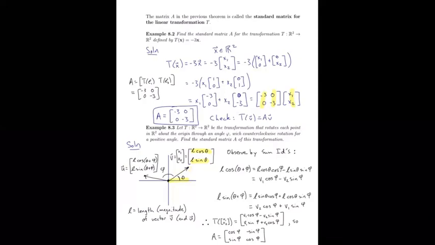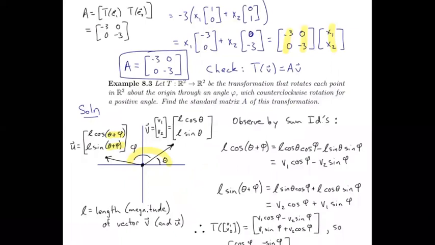If that's the case, then we can do the same thing for this vector u that's been rotated from V by an angle of phi. It has length L as well. Its angle from the positive x-axis is phi plus theta, or theta plus phi.